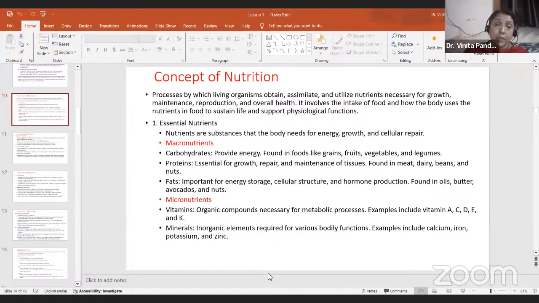And nuts, all kinds of nuts, beans, dairy products, are said to have a very good level of proteins. And if you are a non-vegetarian, meat, of course, is considered to have protein. And fats are very important for energy storage, cellular structure, and hormone production. They are found in the oils we use, butter, avocados, and also nuts.